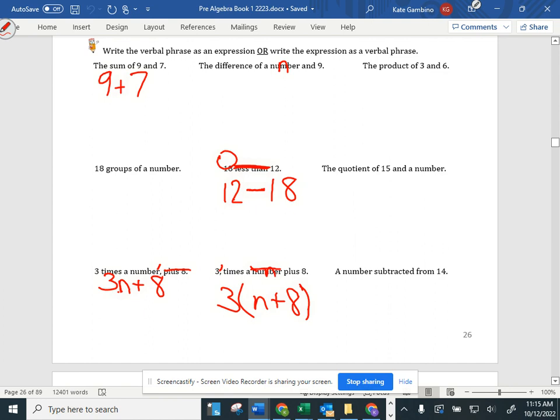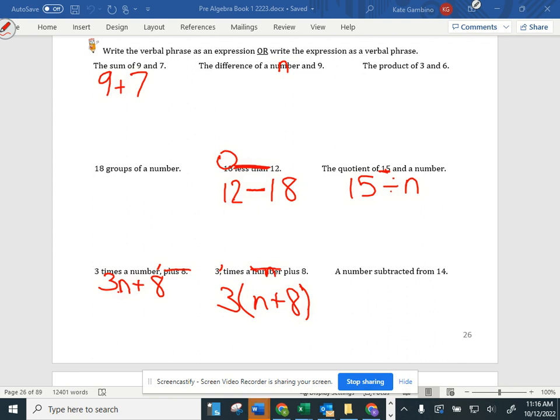First, the quotient of 15 and a number. So we're dividing up that 15. The quotient of 15, so that tells us 15 comes first. So 15 divided by n, our number.